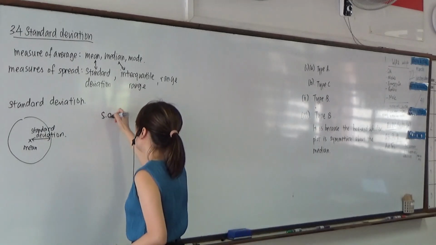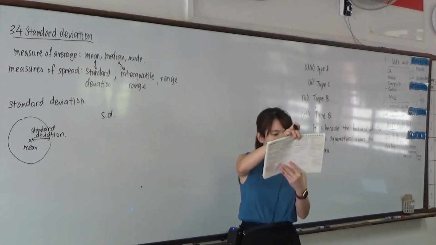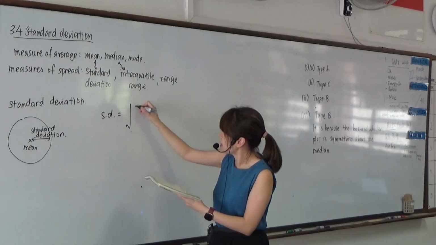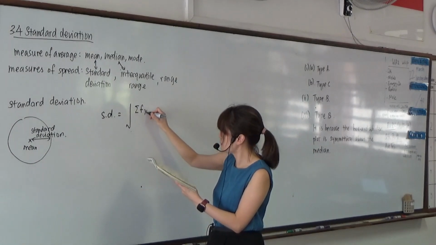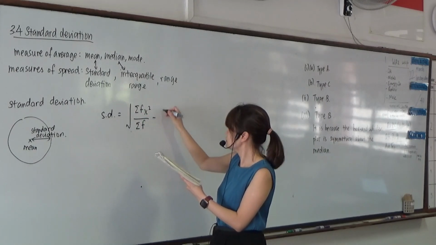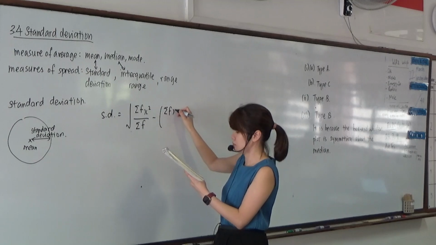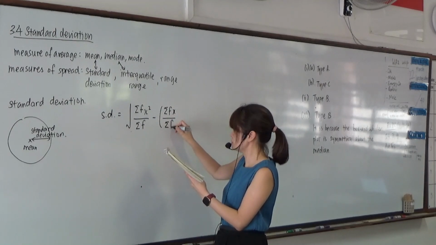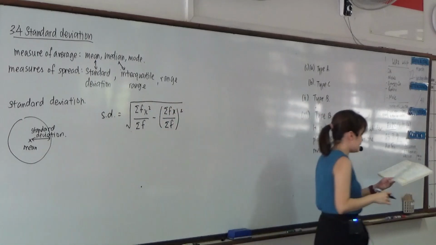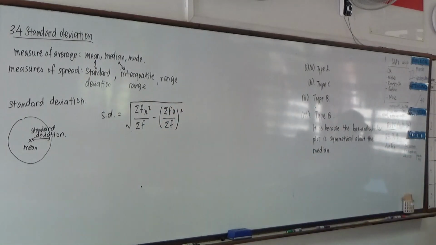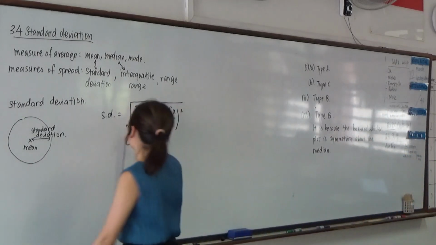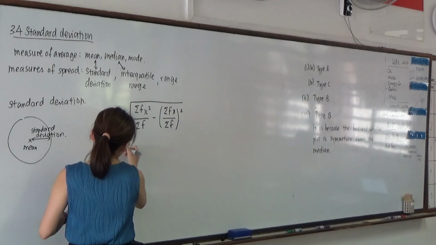So in your formula list, the standard deviation formula that's given to you will be written in this manner. So if you have ever scrutinized your formula list, you will find that standard deviation is given to you like that. And in fact, before the standard deviation, they also gave the mean formula as is.